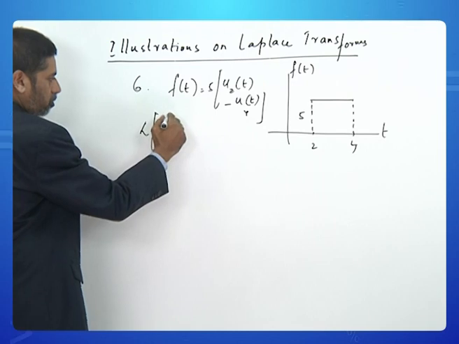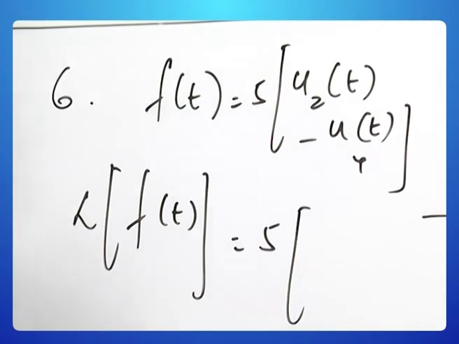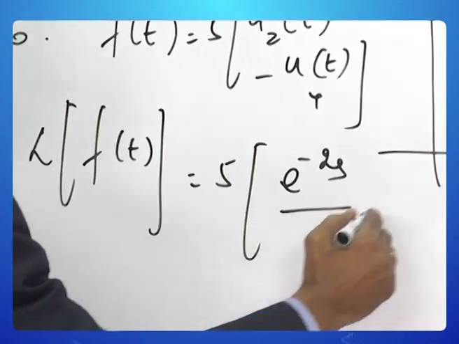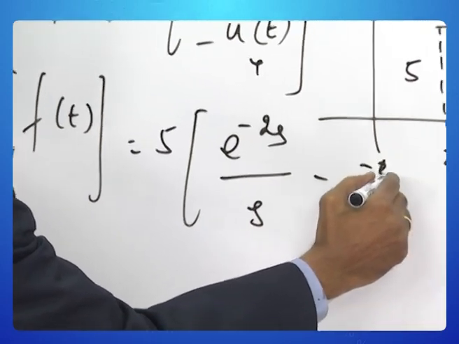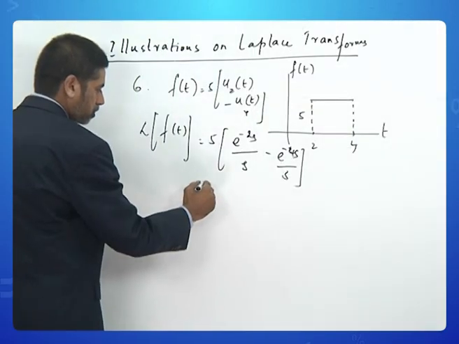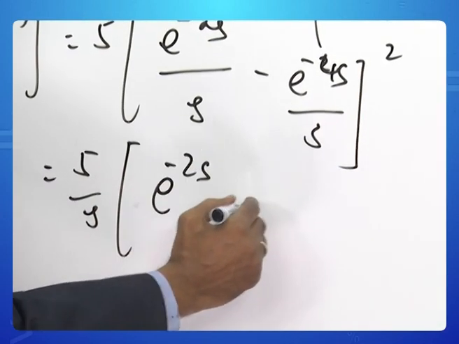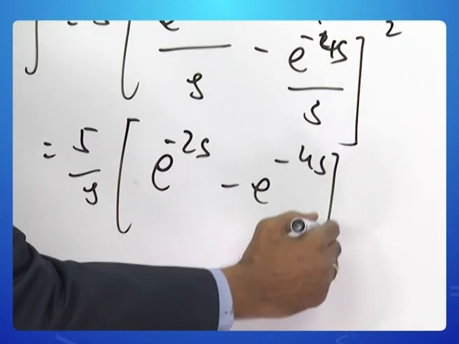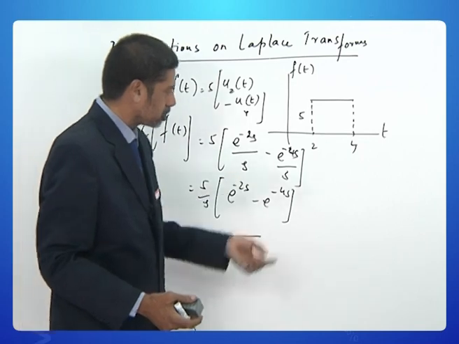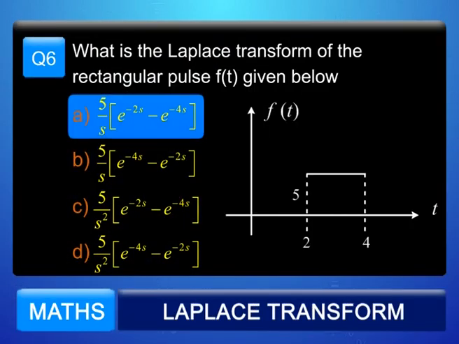So the Laplace transform of this is 5 times e power minus 2s by s minus e power minus 4s by s. So it is simply 5 by s times (e power minus 2s minus e power minus 4s). You know that we can also integrate and reproduce the same result. The correct option for this problem is A.